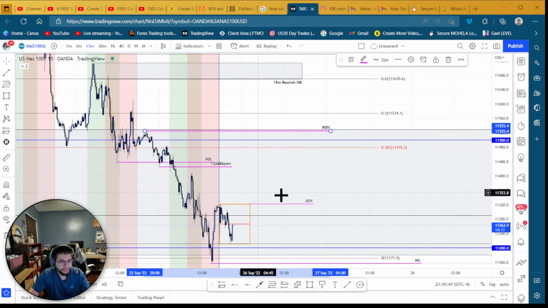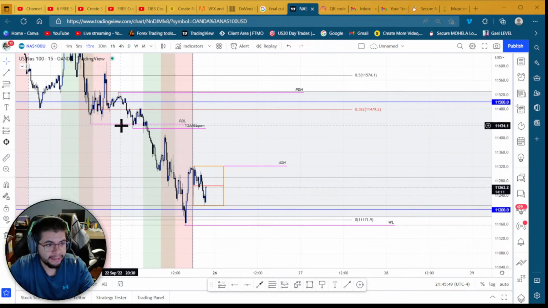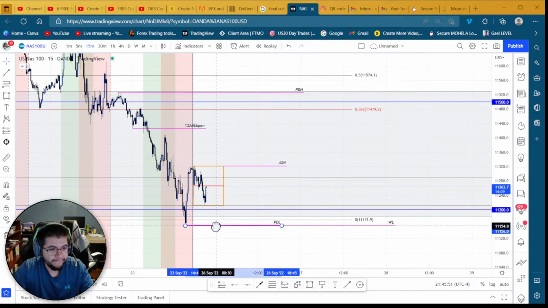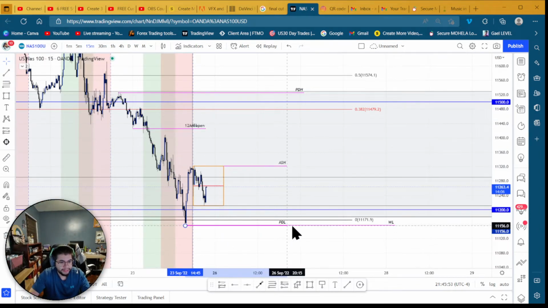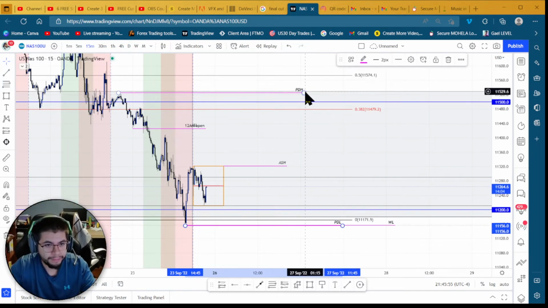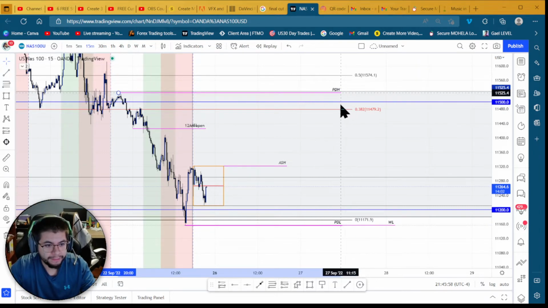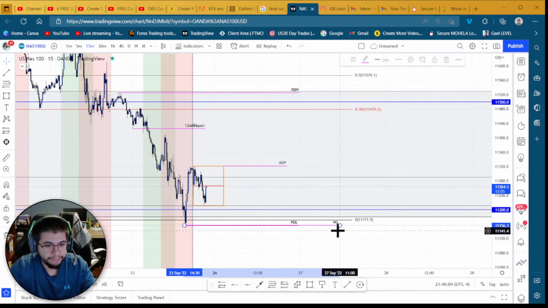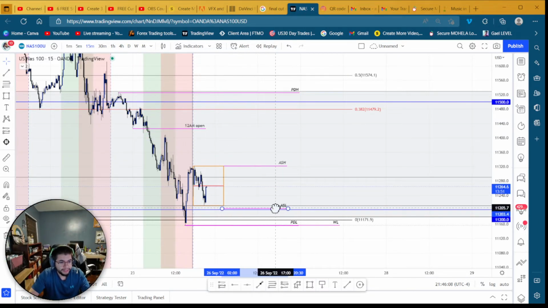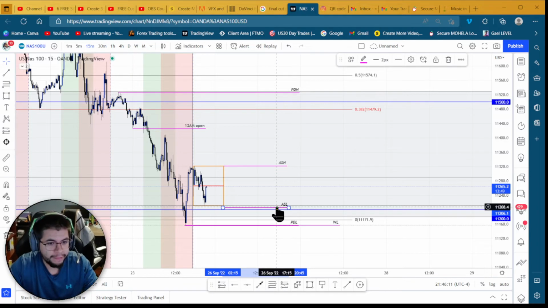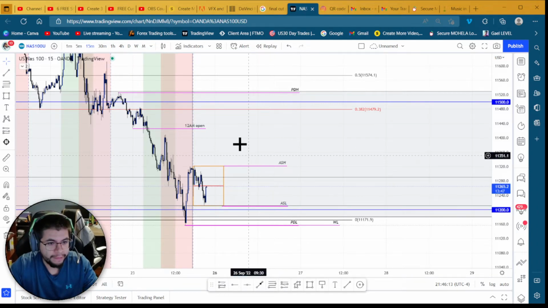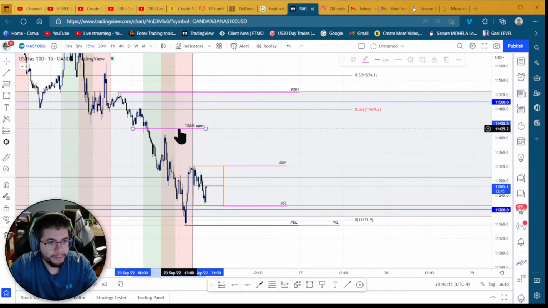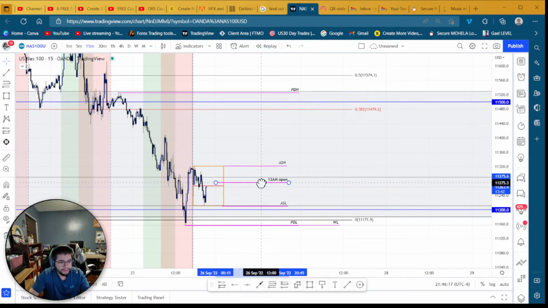Previous day low, that right here, right at the last week's low. Asian session low right here. 12 AM open.